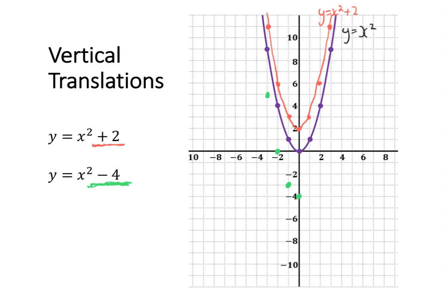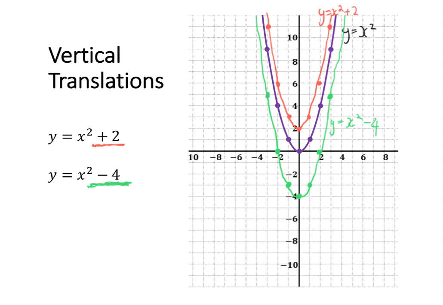And then after we've done our turning point, 1 and 1 will become 1 and -3. And then it'll be 2 and 0, 3 and 5. So then we'll be able to join our new points up to form our new parabola, and then label it y equals x squared minus 4.